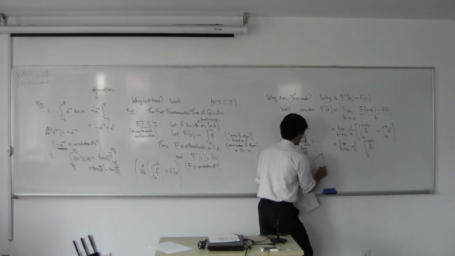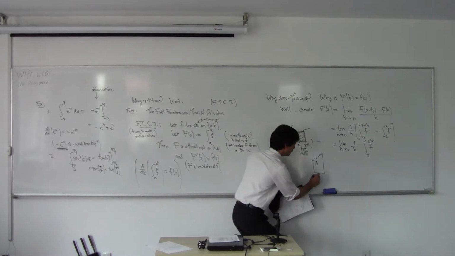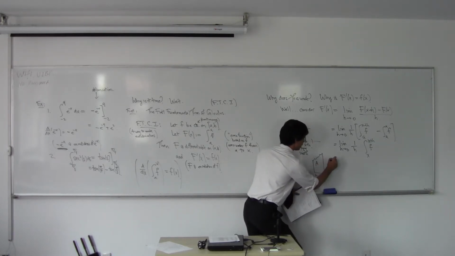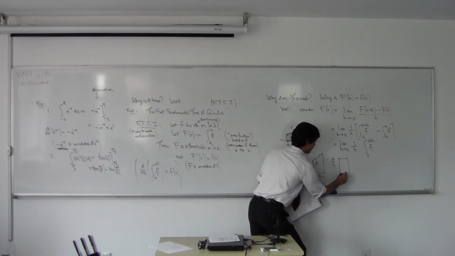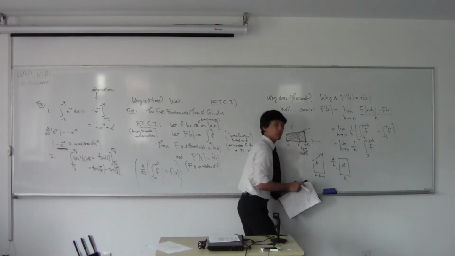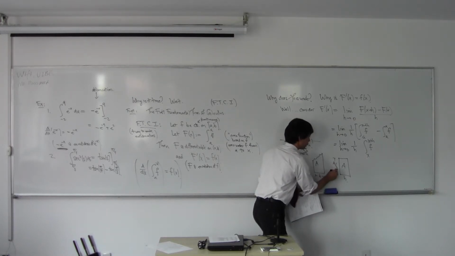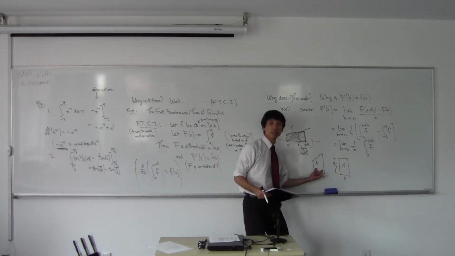If I have this area A, and this width is h, and I take A over h, what will that give me? That will give me the height of a box where the area is A. A over h is the height of a box with the same area as this area.